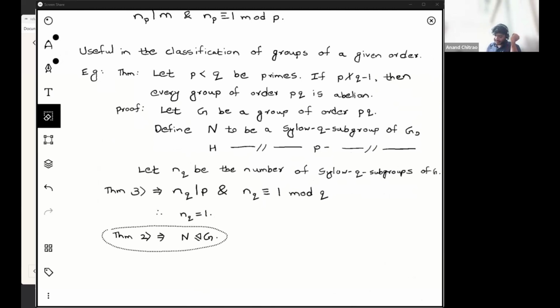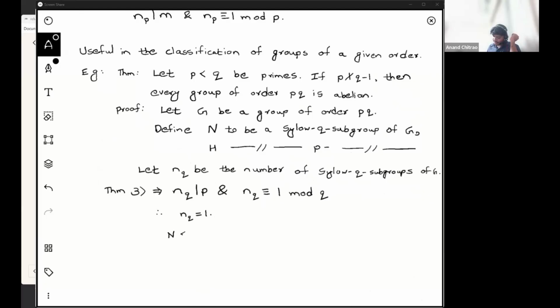You can directly see N is normal in G. How do you see that? Given any little g in capital G, the claim is g N g inverse is a Sylow Q subgroup of G. Do you see this?